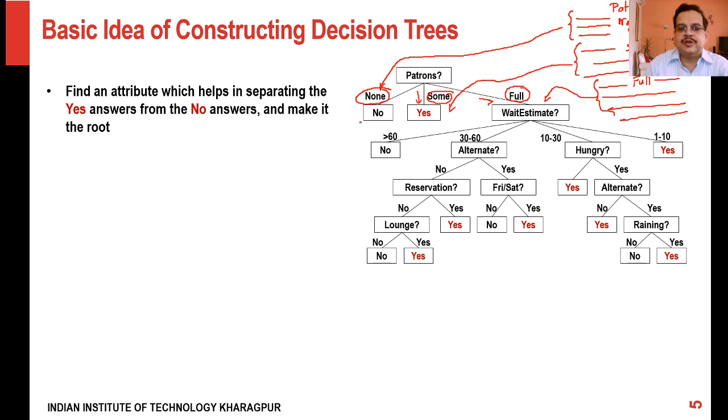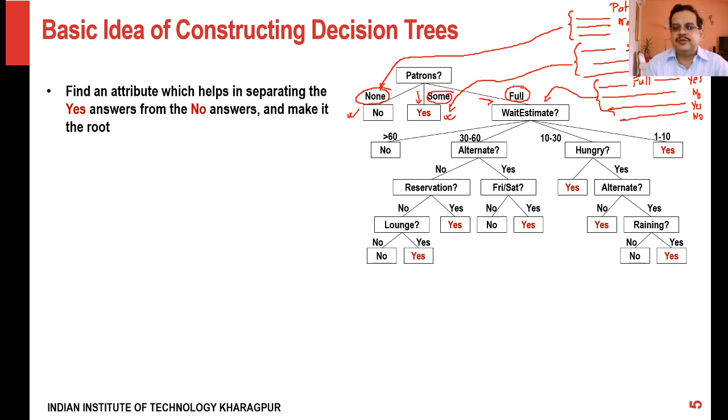So because I have the decision fully taken here as no, and here the unanimous decision is yes, these nodes do not need to be expanded any further. Whereas for the full one, sometimes we have yes and sometimes we have no. So when patrons is full, it's not a unanimous decision to wait or not to wait. So we need to look at other variables.